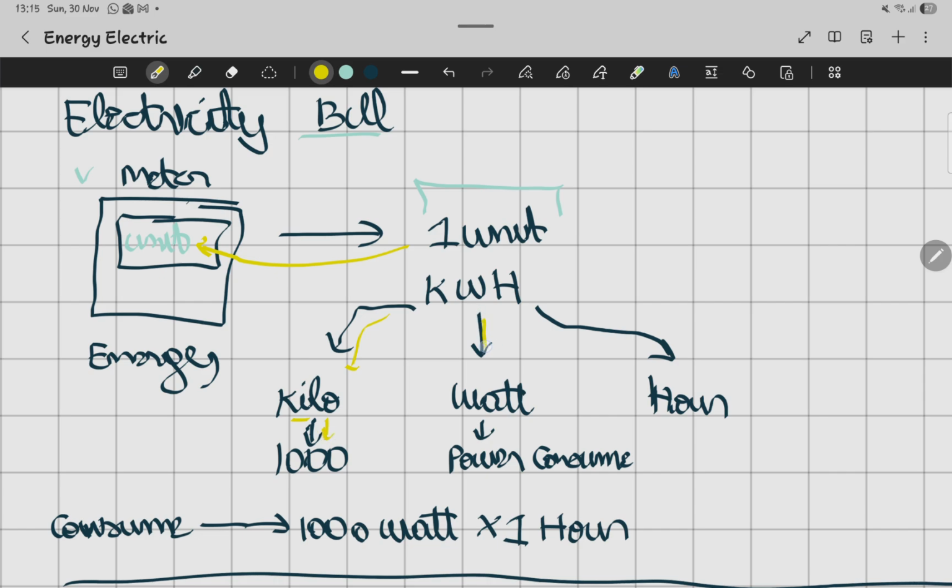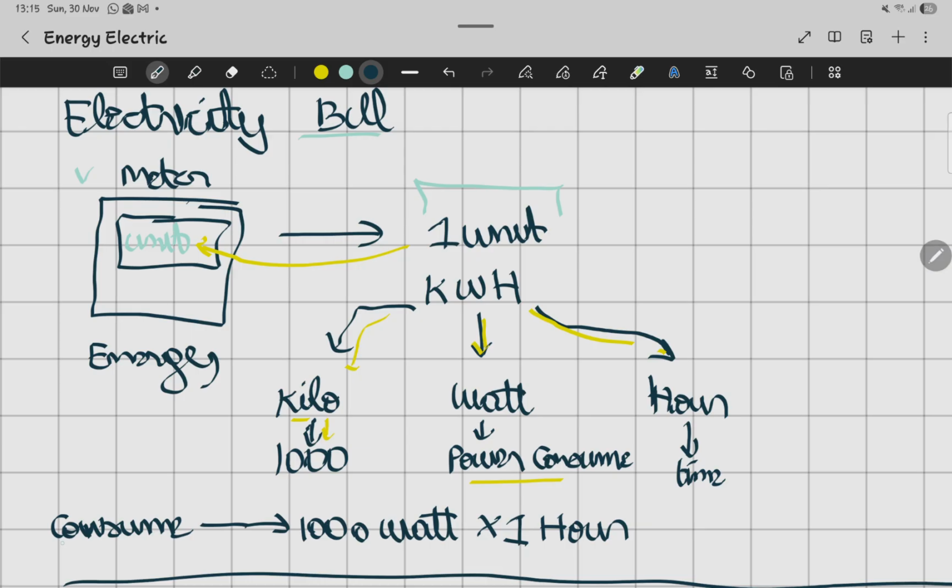W is for watt, which is the unit of power consumed, and H is for hours, which is actually time. This is just to give you an idea of the representation of what you get on the LCD of the electricity meter.